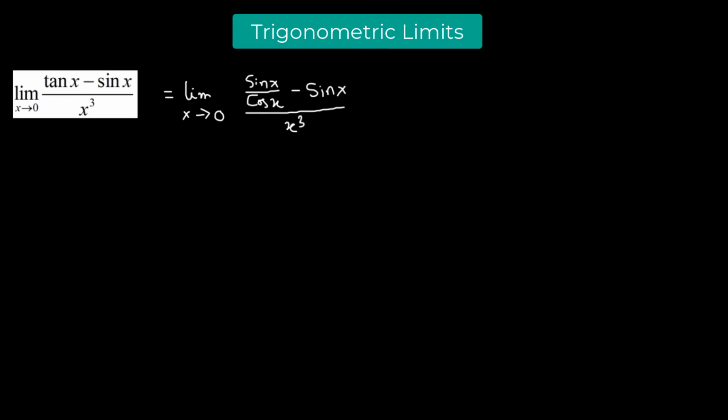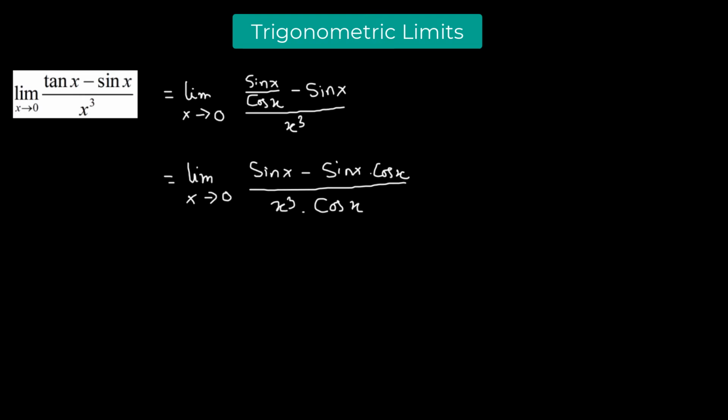Then we combine the two terms in the numerator, and that is going to give us the limit x tending to 0 of sin x minus sin x times cos x divided by x cubed times cos x.